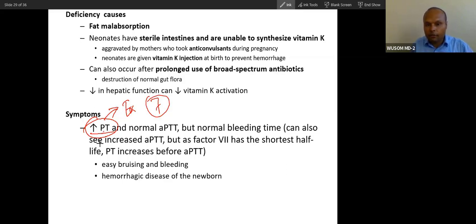Later, if the deficiency progresses, then there can be deficiency of both. But first, generally you will find only PT increased, not APTT. APTT signifies the intrinsic pathway. This is a very important finding.